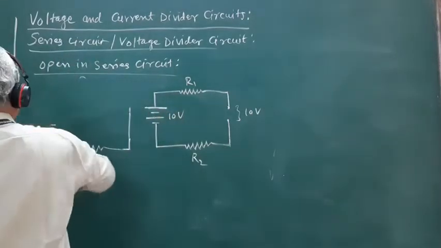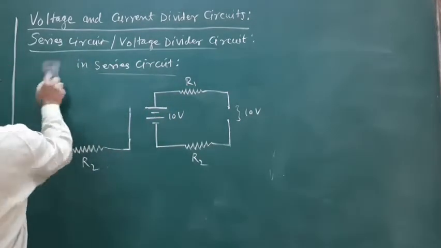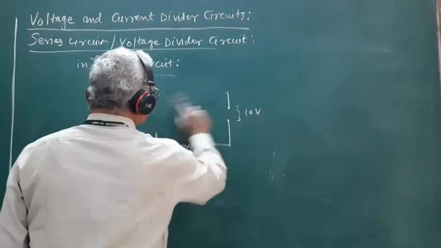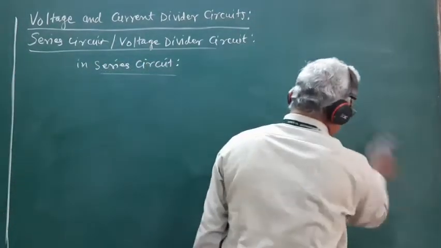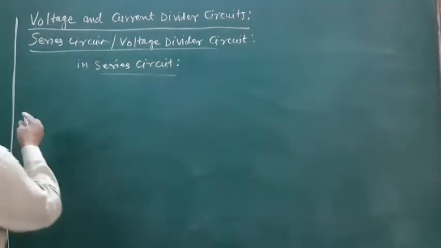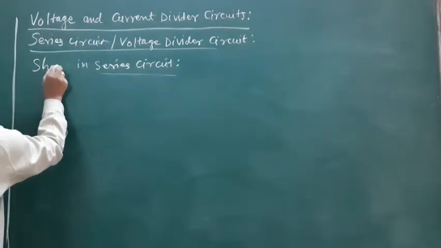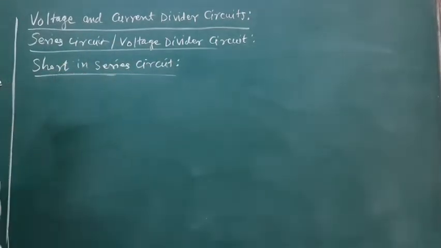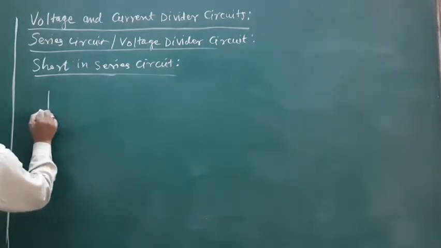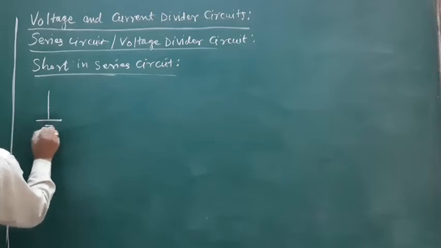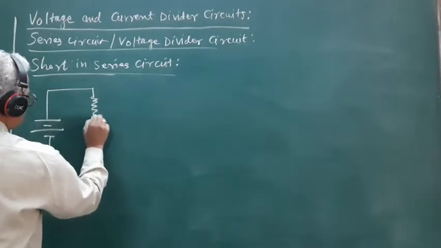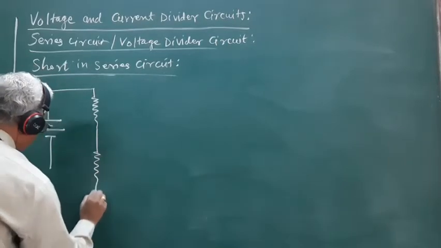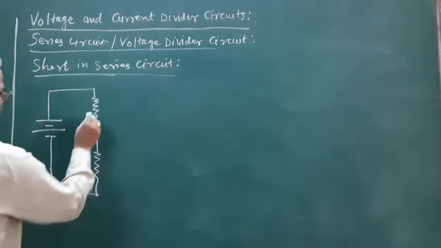Then let us see the concept of short in series circuit. If a certain resistance is short circuited, what will happen? Short in series circuit. Say we have a source of EMF and the two resistors R1 and R2 are connected in series.